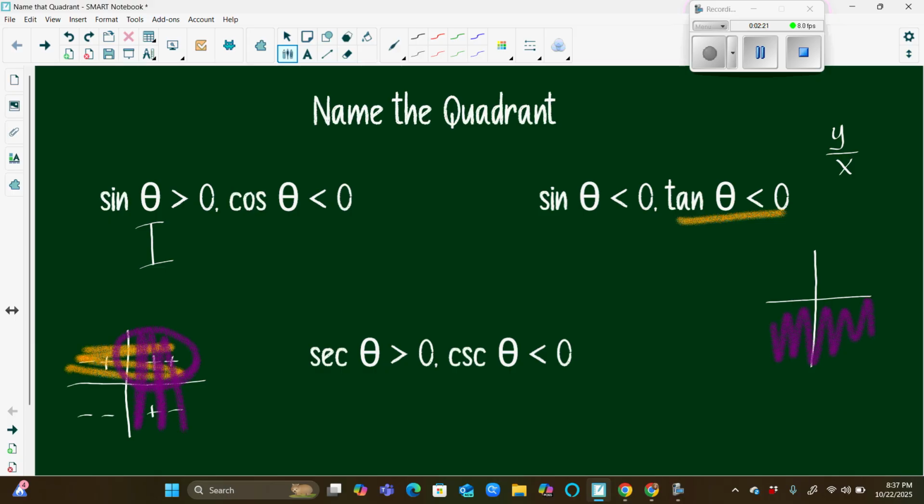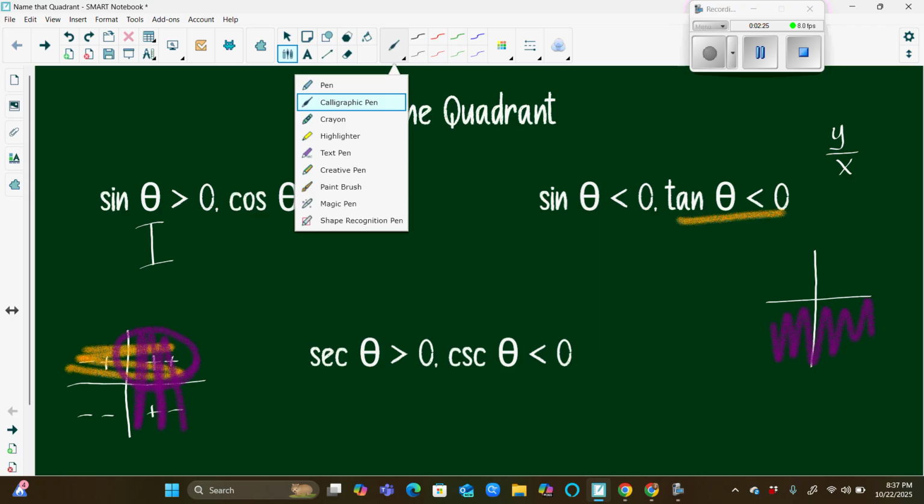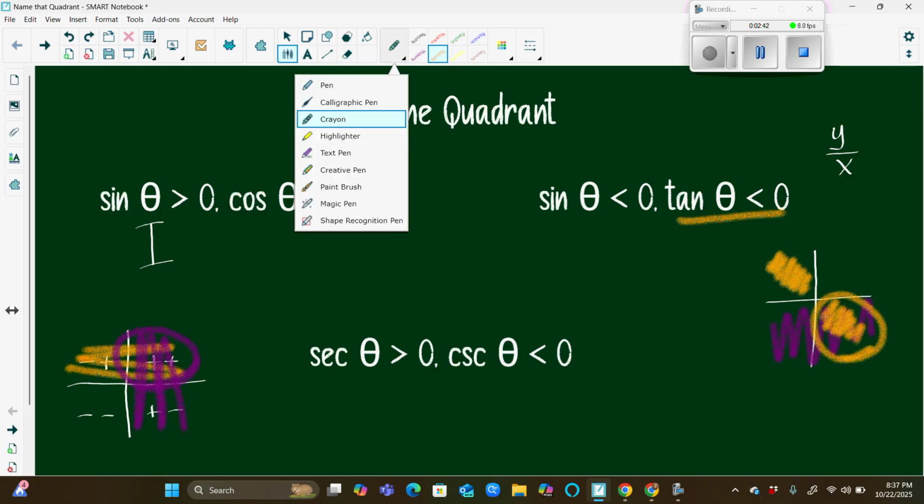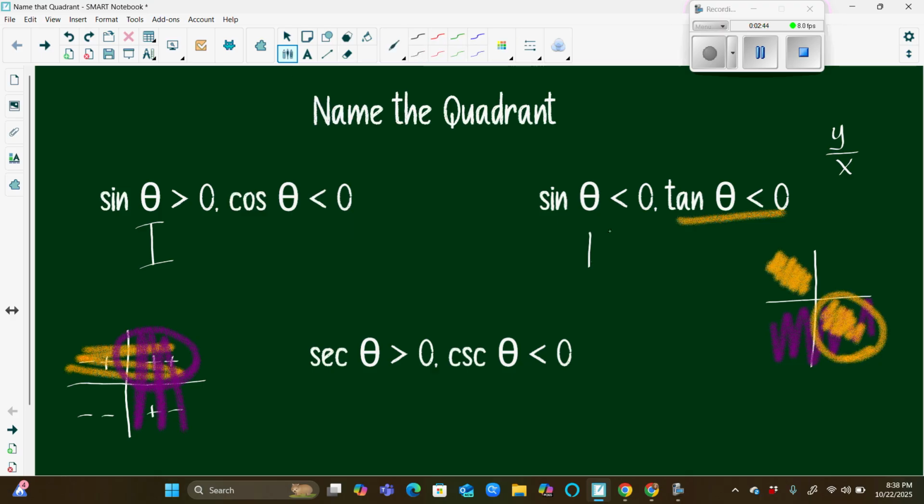So if y and x have different signs, then that fraction is going to give you a negative number. So tan is negative in the second quadrant, because that's where we have a minus plus, and in the fourth quadrant, because that's where we have plus minus. So the place where both of these things are true is right here in that fourth quadrant. So the answer to this one would be the fourth quadrant.